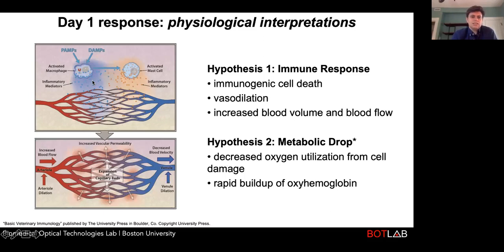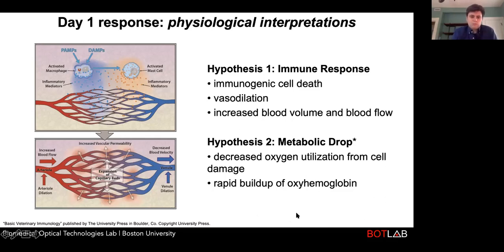This is causing immune cells like macrophages to release vasodilators that expand the capillary bed, increase permeability. Our second hypothesis is that there's a rapid metabolic drop or metabolic catastrophe. So if we're damaging those tumor cells quickly enough, their demand for oxygen should go down, and then there'll simply be a buildup of oxyhemoglobin that's not being utilized. So either could be the case.